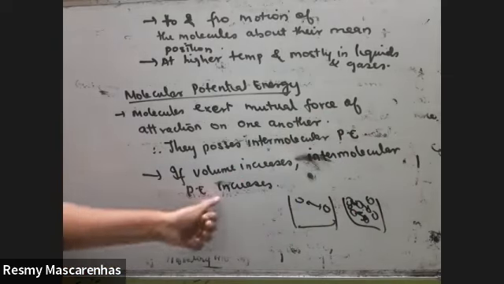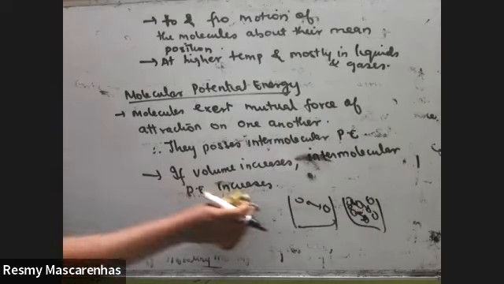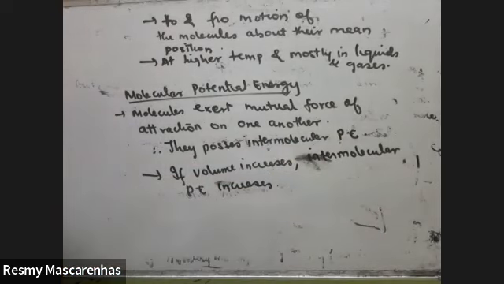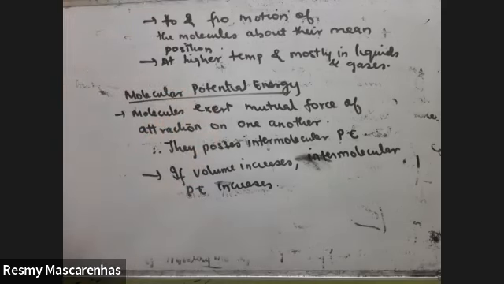So potential is this intermolecular depends on the volume. Okay, so the two types I told you, one is kinetic, could be because of those three motions, and potential energy is because of the intermolecular attraction of force.